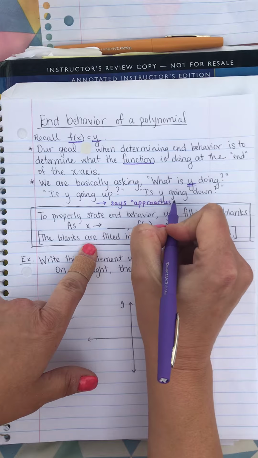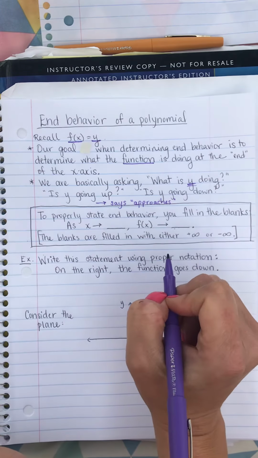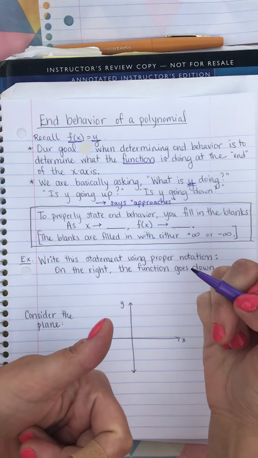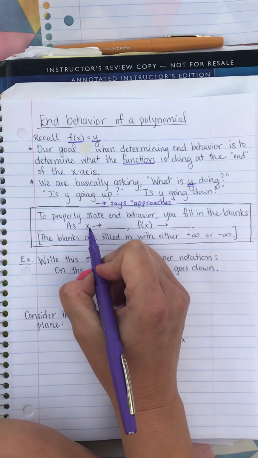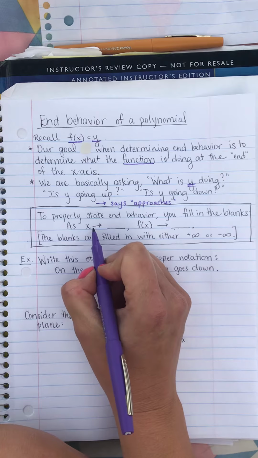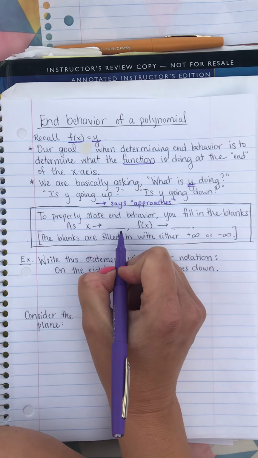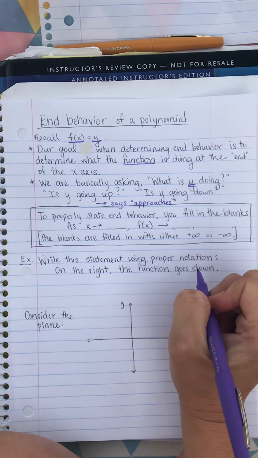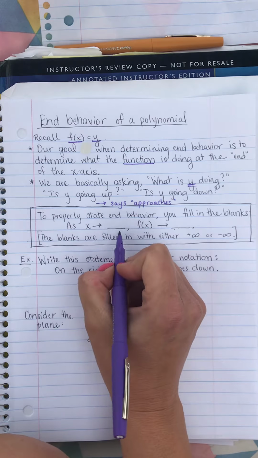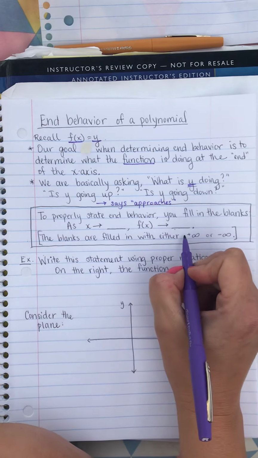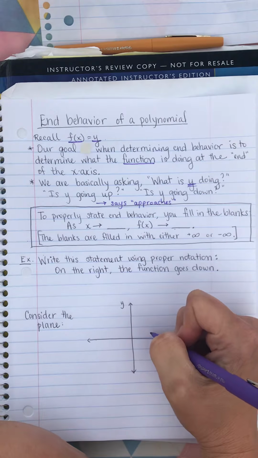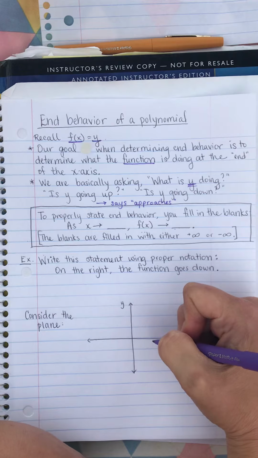So in math, all of our little notations usually have something that it says. So whenever you're reading this, you read it as x approaches, and then you fill that in with either positive or negative infinity. Now, what do you fill it in with? Is it positive infinity, negative infinity? Is this positive or negative? That's what we're going to do right here. Talk about what do we fill this in with.